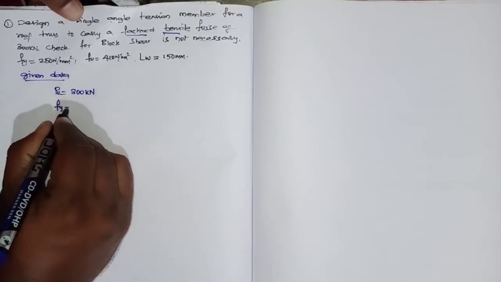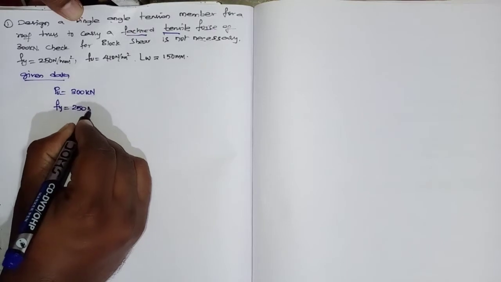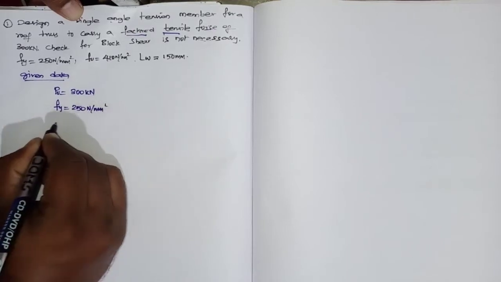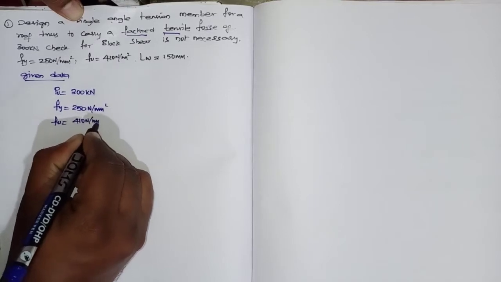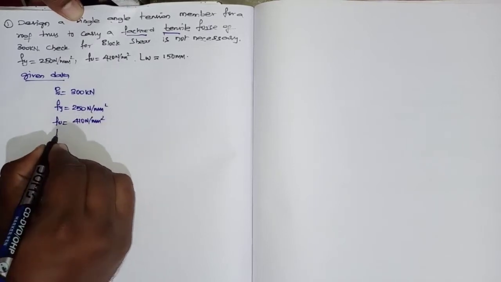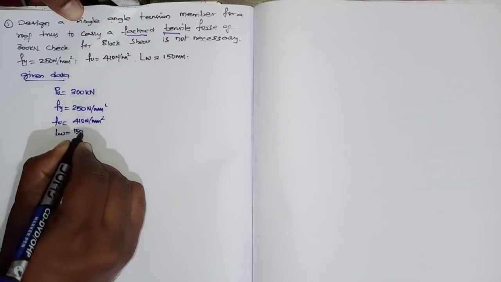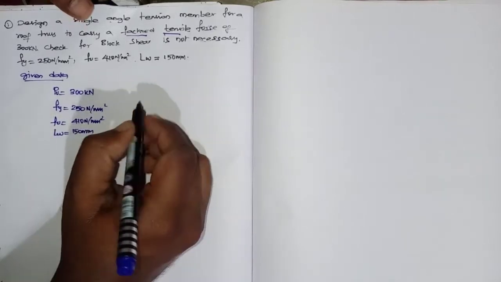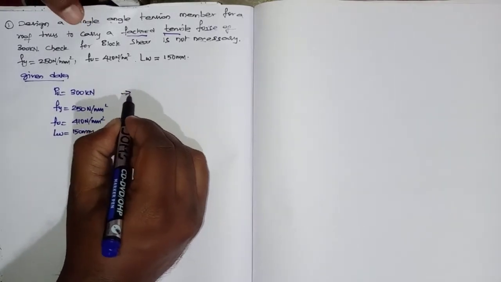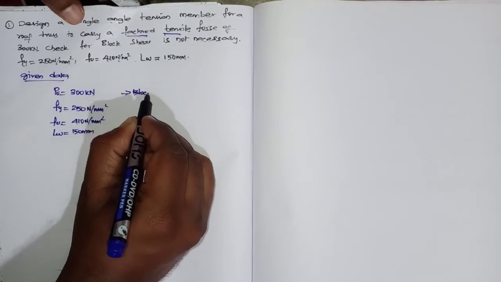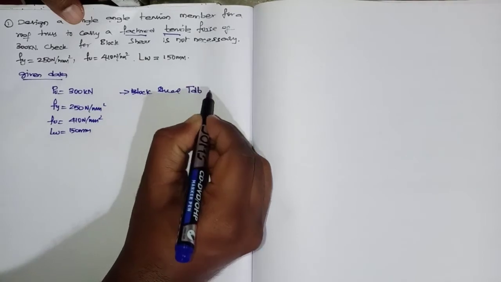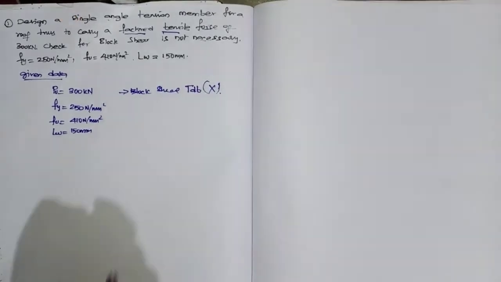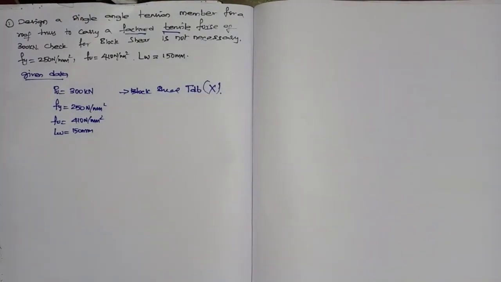Next, Fy 250 Newton per mm square. Next, Fu 410 Newton per mm square. Next, length of weld is given as 150. Next, they have specially mentioned that check for block shear, that is Tdb, is not required.